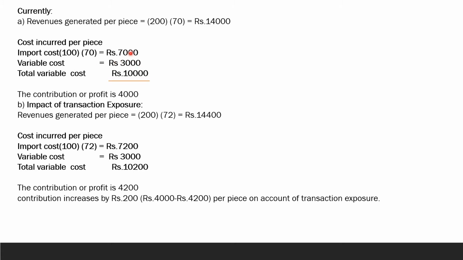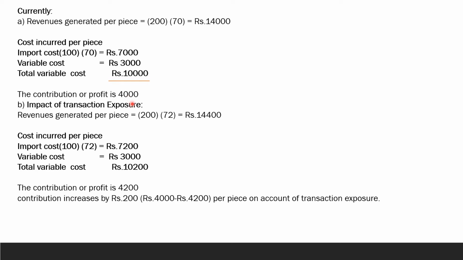So total variable cost he incurred is 10,000 rupees. And the contribution per piece is 4,000 rupees. Revenue minus variable cost gives you contribution, that is 4,000 rupees.